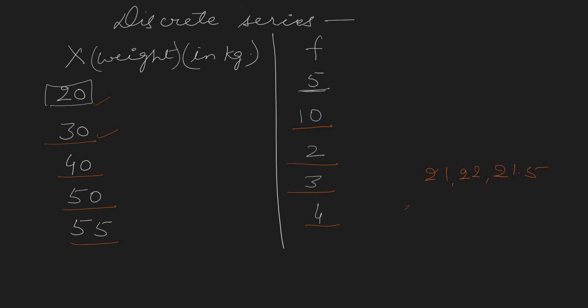The value is 20 kg, and after that you get 30, then 40 kg, then 50 kg, and then 55 kg. So one thing you will find in individual series as well as in discrete series is that there is a jump between different values. After 20 it is 30, 40, 50 and 55.